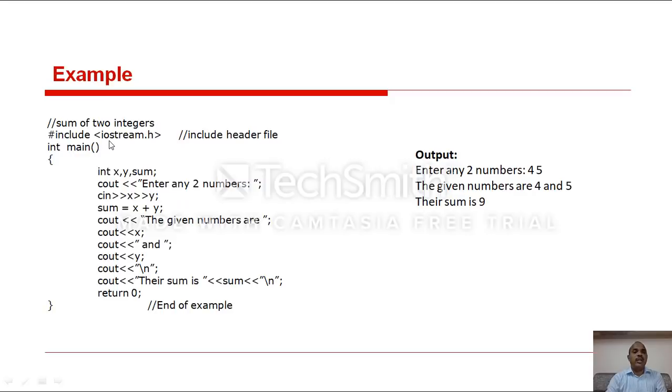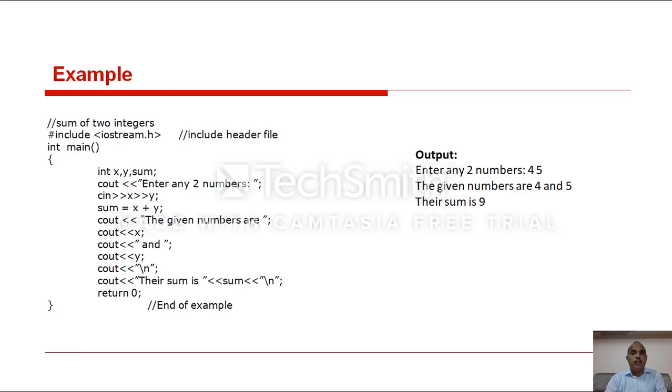We should define iostream.h, whereas in C language stdio.h, standard input output header file. In C++, hash include iostream.h: i for input, o for output, stream means file, dot h for header file. Clear, all of you? This is called the include directive.